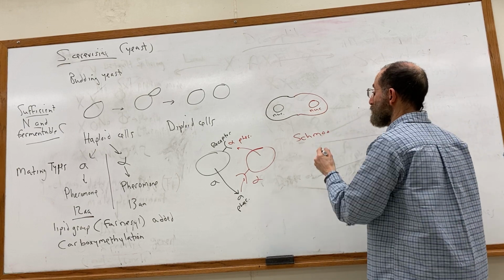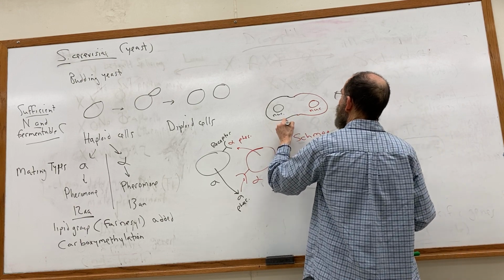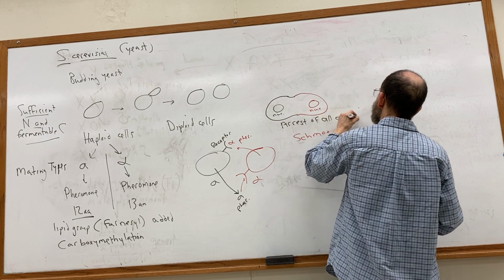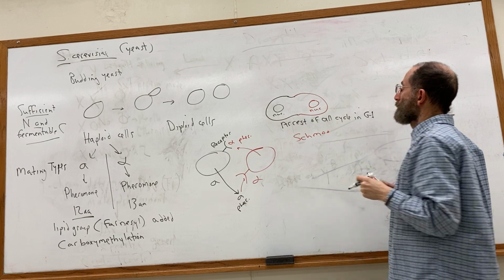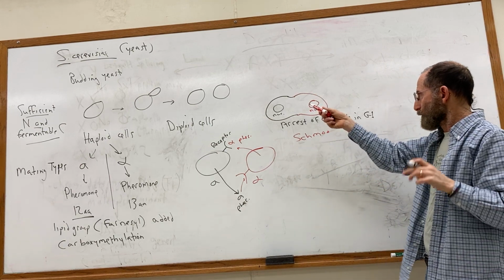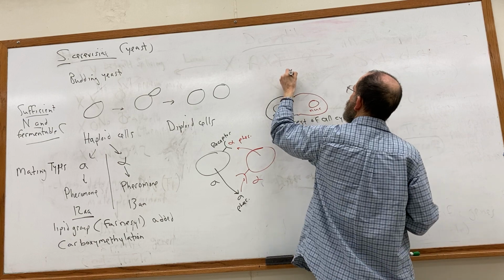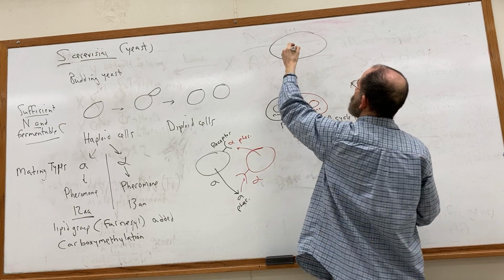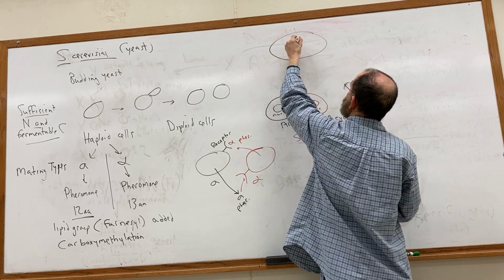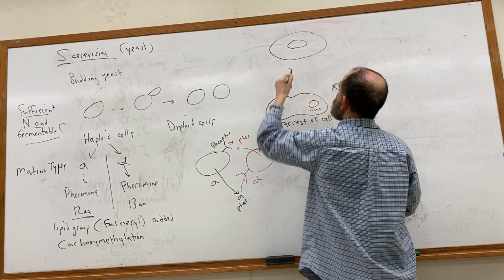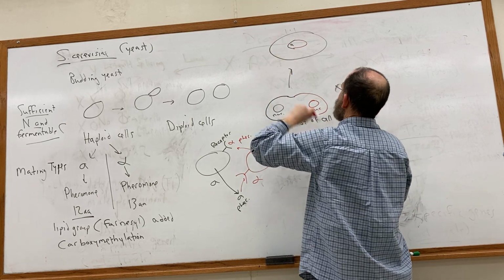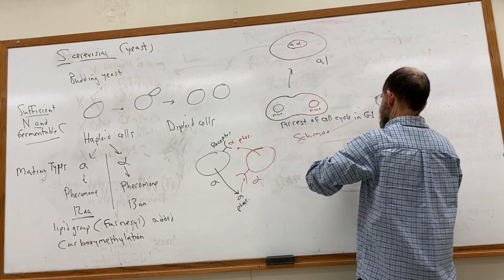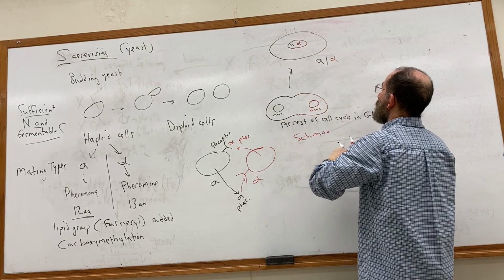During this process of fusion, you get a rest in G1, and the cells fuse, and eventually you get the production of a diploid cell, which we'll refer to as an A alpha diploid.